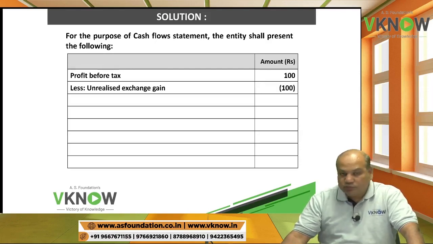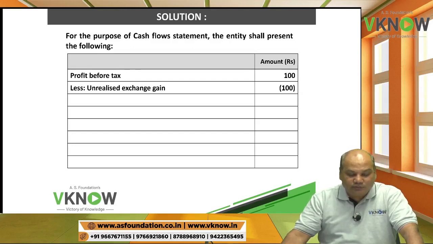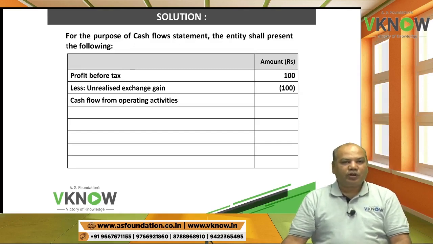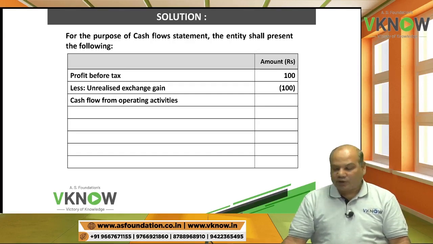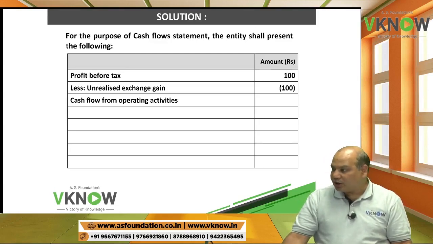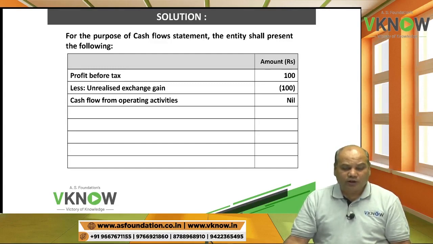So I am going to reverse it because it is unrealized. So what is my cash flow from operating activity? If I reverse it, it is a non-cash item. I have reversed it. My operating activity cash flow is 0.